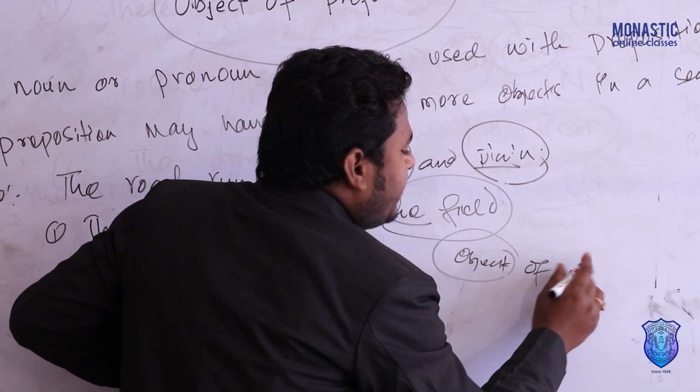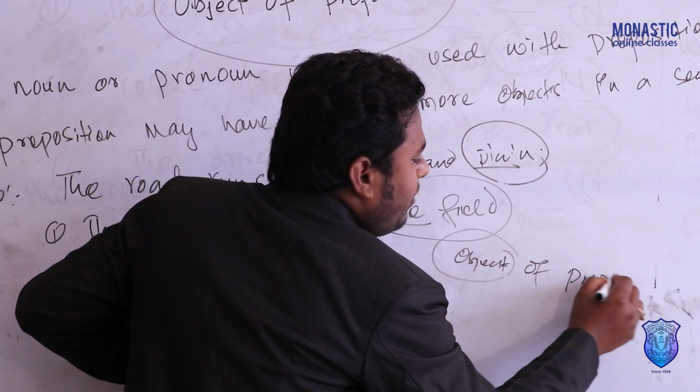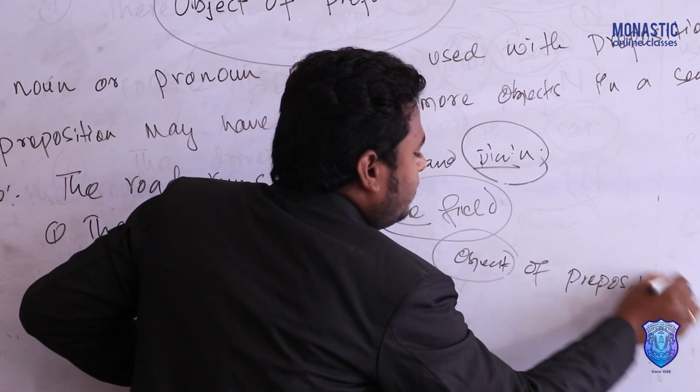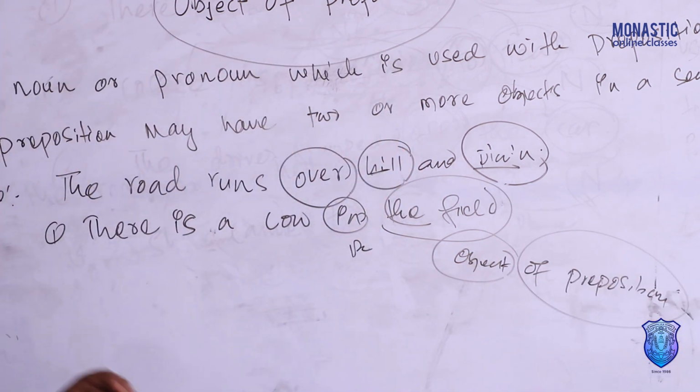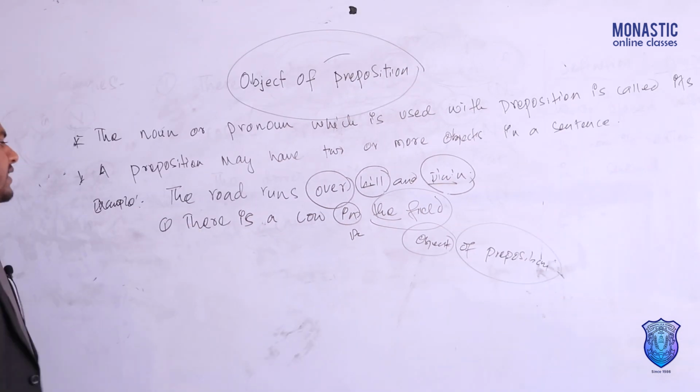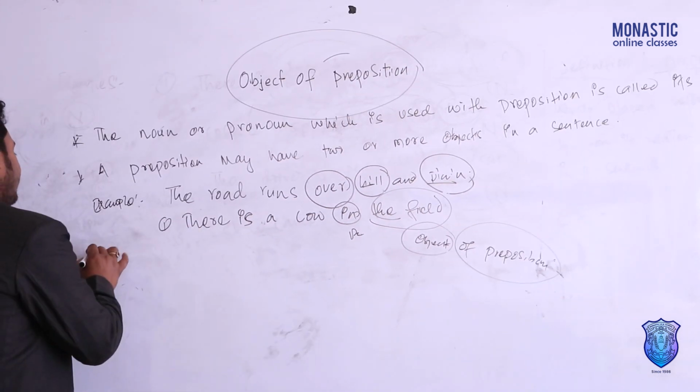So this is called the object of preposition. We can also see some other examples.